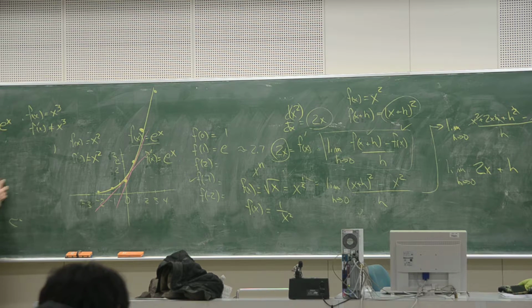Okay, now that we know that, let me stretch your mind a little bit and say, suppose f of x, or let's use a different letter, suppose g of x is equal to e to the x cubed plus x squared.